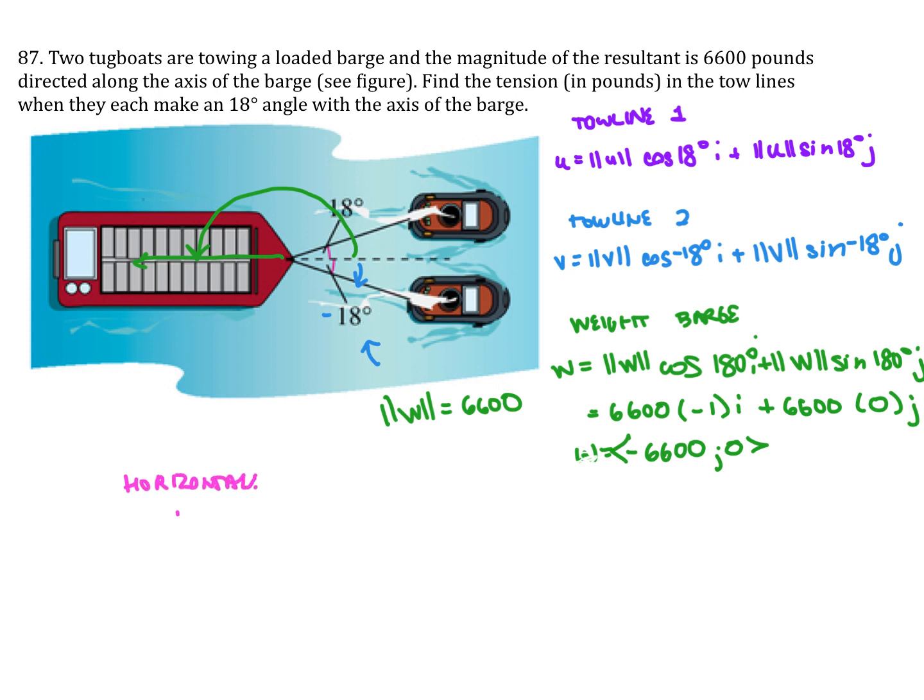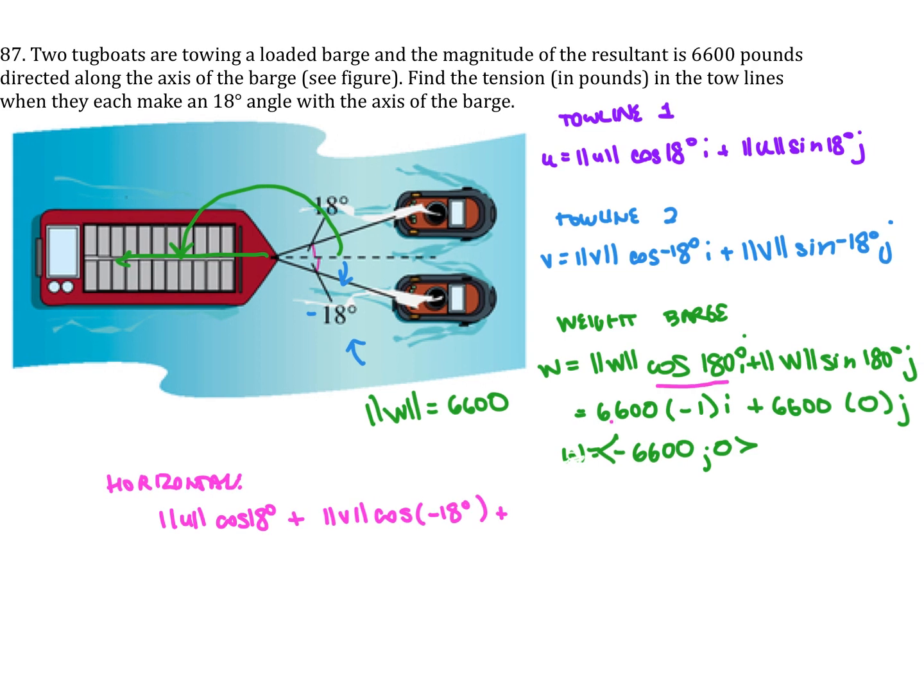So that is the magnitude of U, cosine of 18 degrees, plus the magnitude of V, cosine of negative 18 degrees, plus the magnitude of W. So we're looking here at a cosine of 180 degrees. So I'm just going to plug in just the 6,600 because that's what the magnitude W cosine of 180 degrees is, and that equals 0.